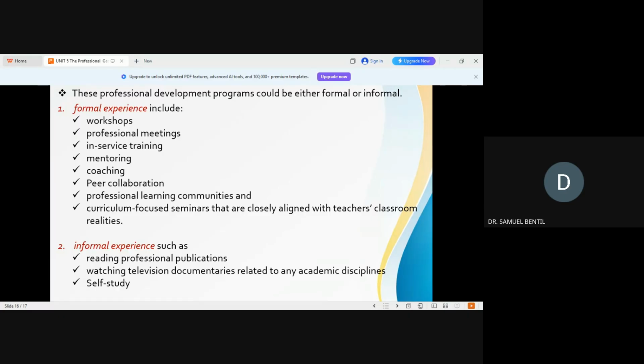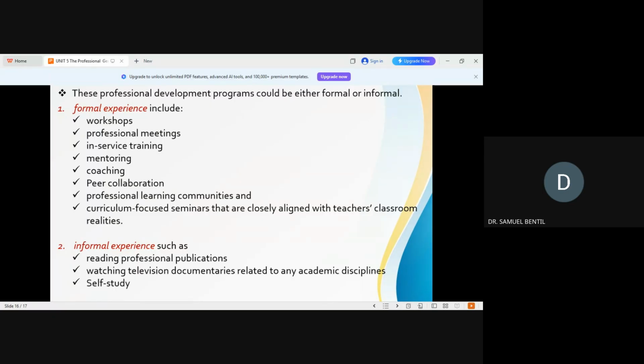There are two forms of professional development: formal or informal. Formal professional development activities are activities that have an official sanction by an institution, a body, or an organization. Examples of formal CPD experiences include workshops, professional meetings like association meetings and conferences, in-service training organized by GES, NACCA or whatever organization, and mentoring, when you have been given a teacher to mentor, it's a part of professional work.